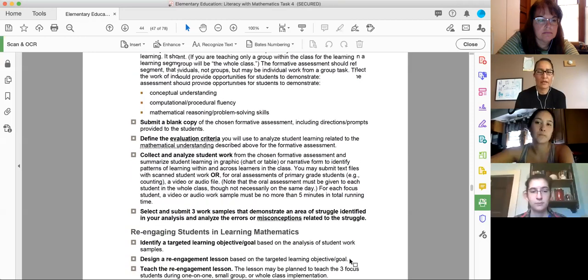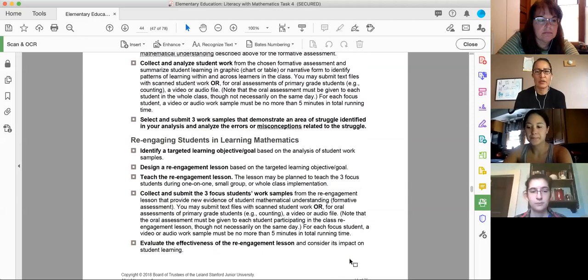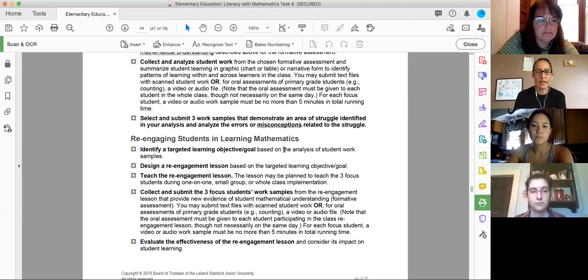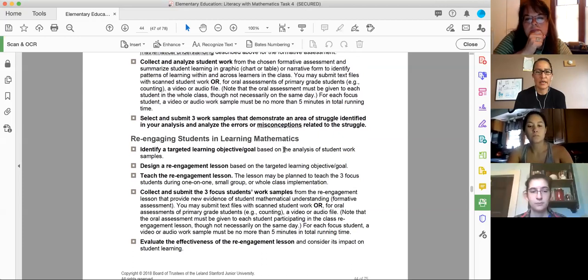Then you collect and analyze student work. You select and submit 3 work samples. Okay, so you're going to look at all your students' work from that formative assessment, and you're going to include it all in the analysis, meaning the quantitative analysis where you put it into a nice chart that probably demonstrates the test item, shows the student's proficiency on it, shows how it's connected to the learning objectives.